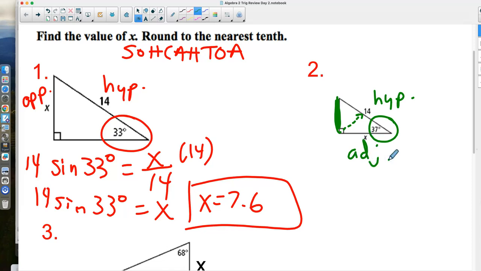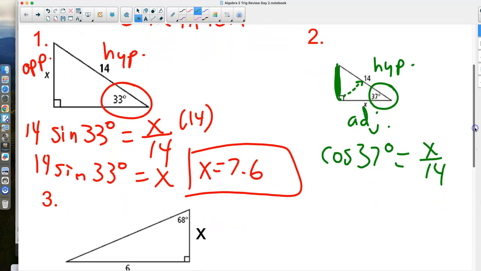Now I think about my SOHCAHTOA. I know I have adjacent and hypotenuse labeled there. Which trig function should I use? Cosine. Cosine of 37 degrees equals adjacent over hypotenuse. That looks very similar to the last one we had.